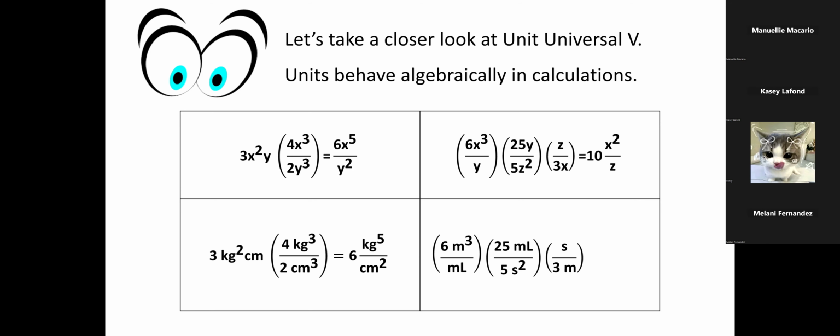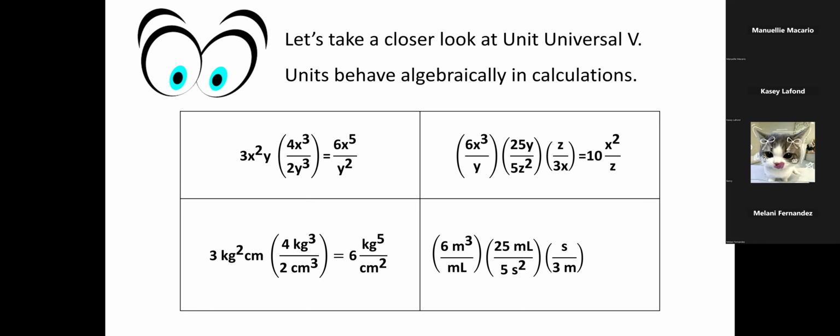Okay. But our units, which are in the box right below it, are again set up very similarly. I've used meters instead of x, milliliters instead of y, and seconds instead of z. But it's going to have the same exact form. It's going to end up the same way. We're going to group all our numbers together, and then our units are going to cancel just like x and y variables.